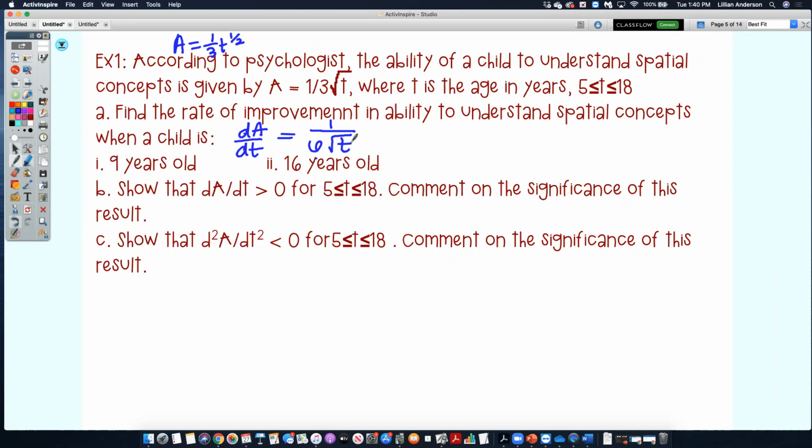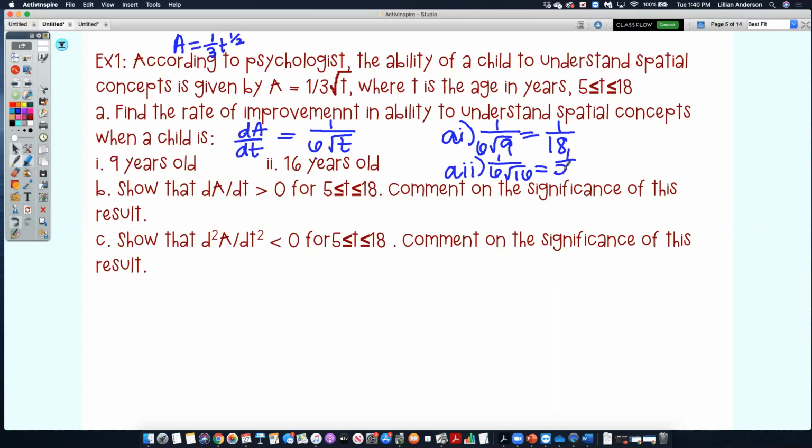I suggest rewriting it because we are evaluating when t is 9 and t is 16. So when you plug in 9, you'll have 6 square root of 9. So then that equals 1 over 18. And then when you plug in 16, that's going to be 1 over 6 times the square root of 16, which is equal to 1 over 24.